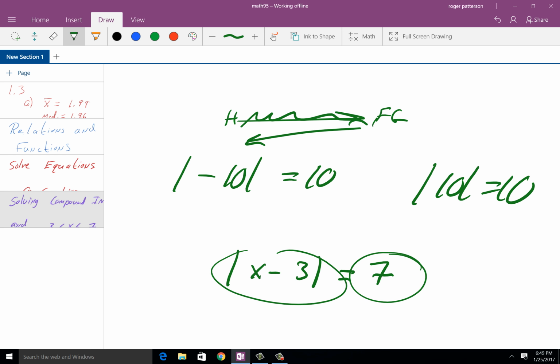It's no different. So here we go. I'm going to get rid of this guy. I'll just put minus 3 in here, put 7 down here, and there's my answers. It says negative 4 and 10.